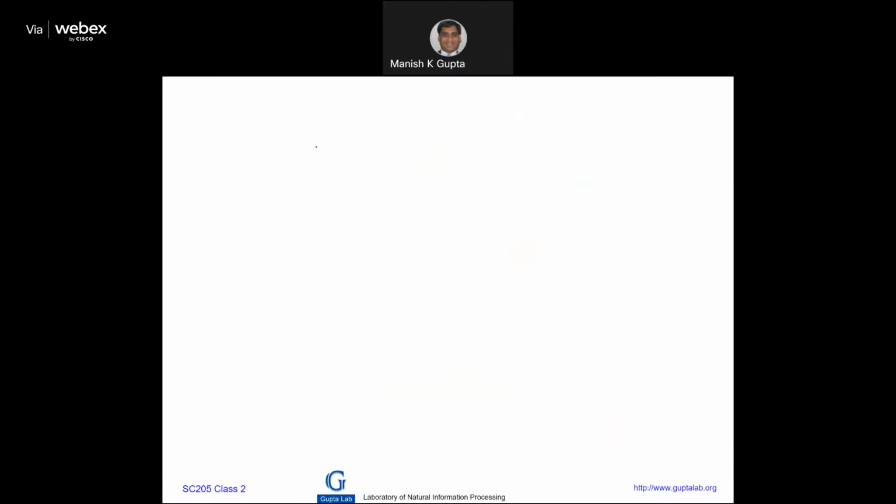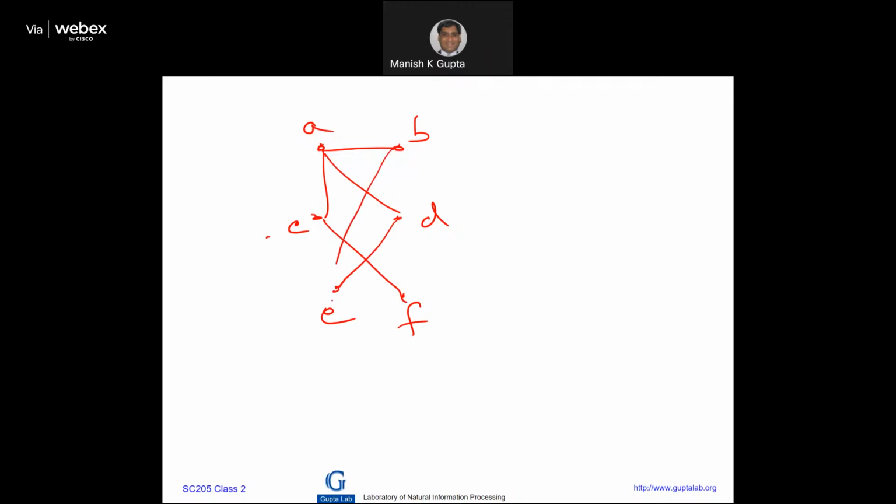What about this graph, A, B, C, D, E, F? Is this a tree? Why is it not a tree? Because E, D, A, D, E is a circuit. A tree should be free from circuits. So these are examples of trees.